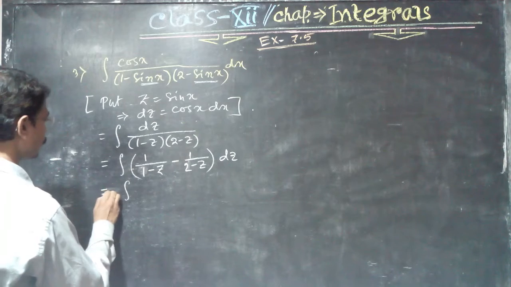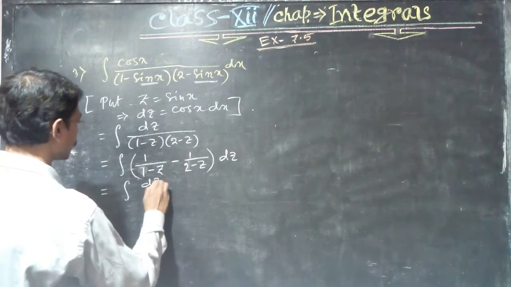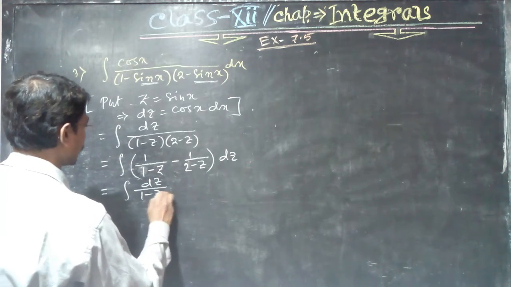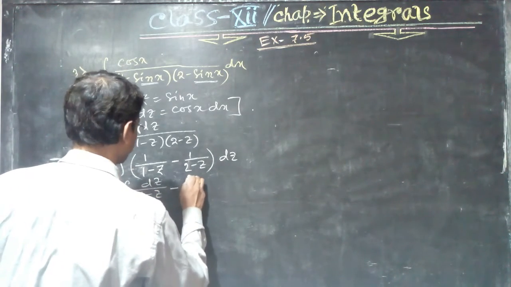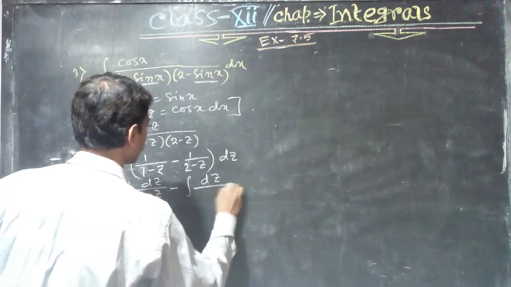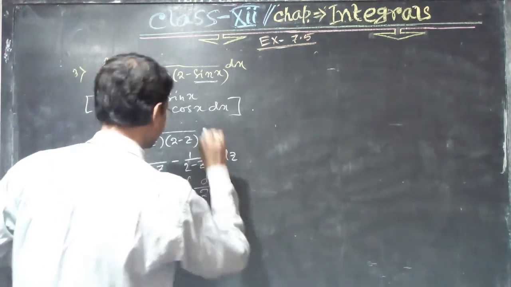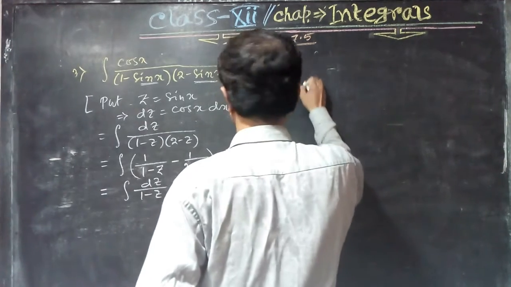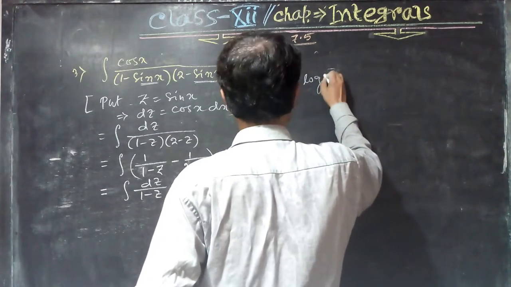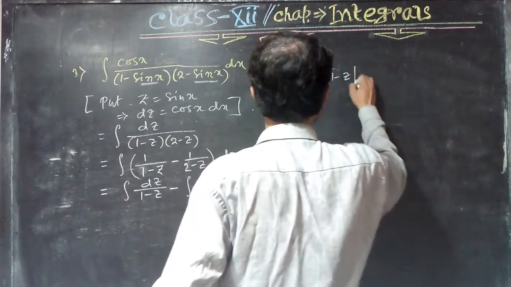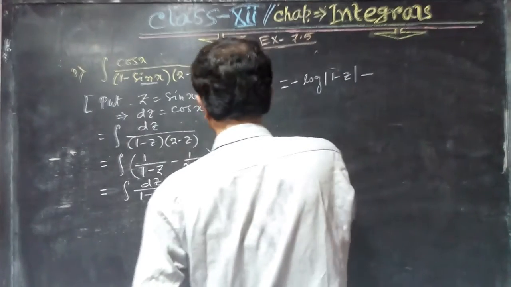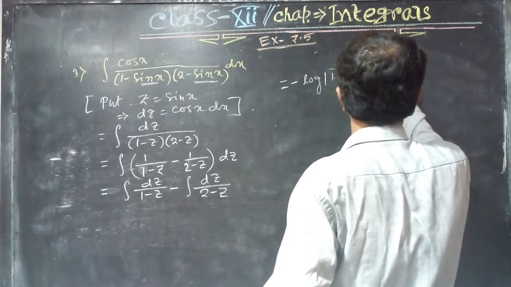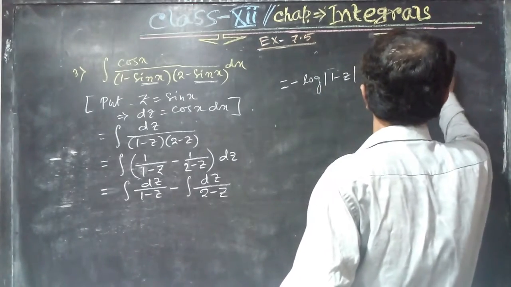So it is equal to integration dz by 1 minus z minus integration dz by 2 minus z. Integration dz by 1 minus z is minus log mod 1 minus z, and minus integration dz by 2 minus z is plus log mod 2 minus z.